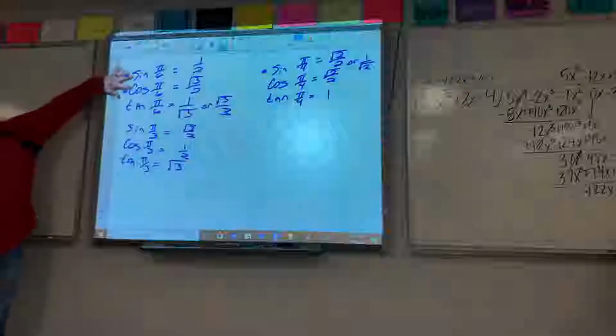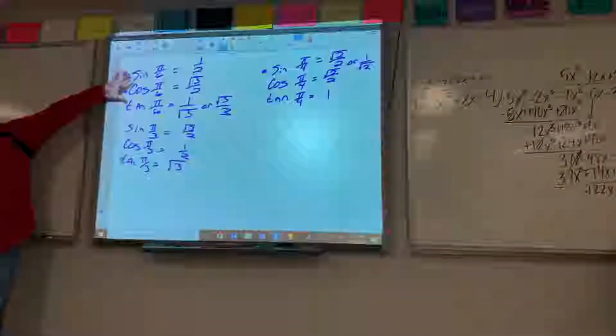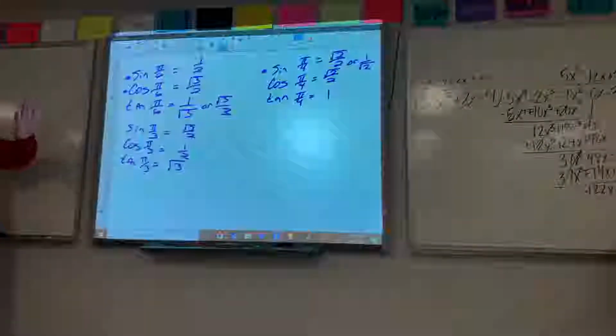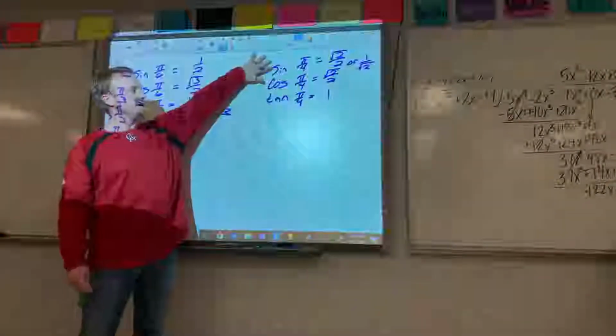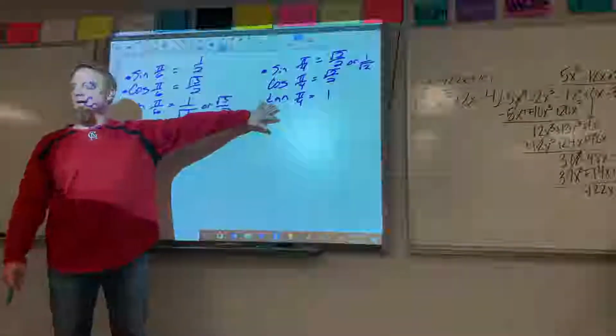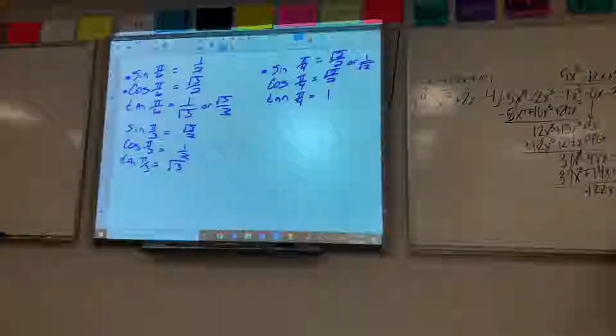Obviously, if I know sine and cosine, I'll automatically know tangent. And if I know all the pi over 6s, then I automatically know all the pi over 3s. And if I know sine, then I automatically know cosine, which means I automatically know tangent. Okay? So if you want to get away with memorizing the least amount possible, those are the 3 things you need to memorize. Okay, and you need to be able to produce all 9 of these very quickly.